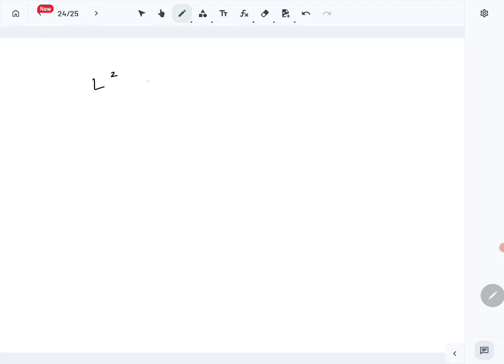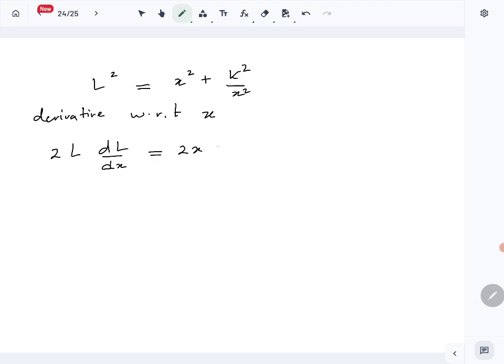L squared is x squared plus k squared over x squared. Take the derivative with respect to x. So then 2L times dL over dx is equal to 2x plus, this is same as k squared x to the power minus 2.